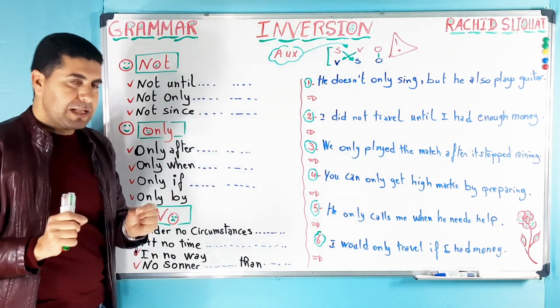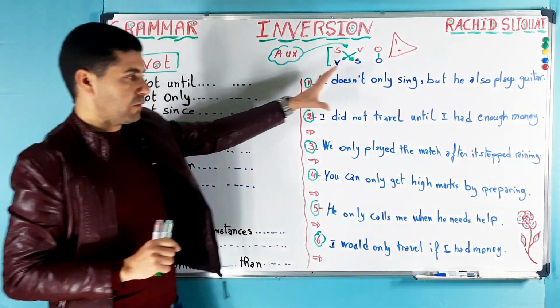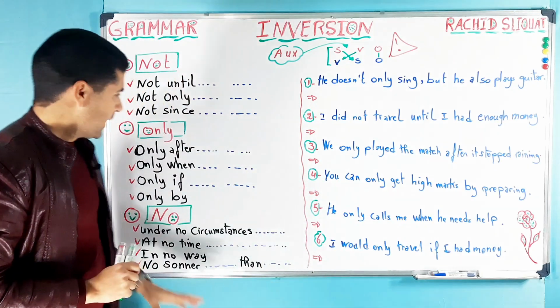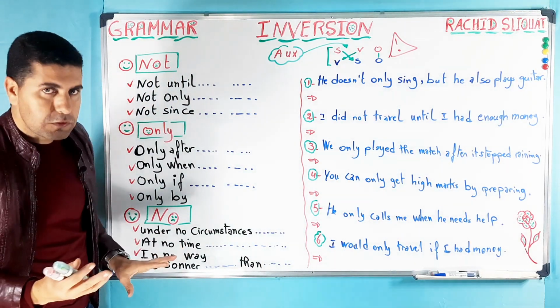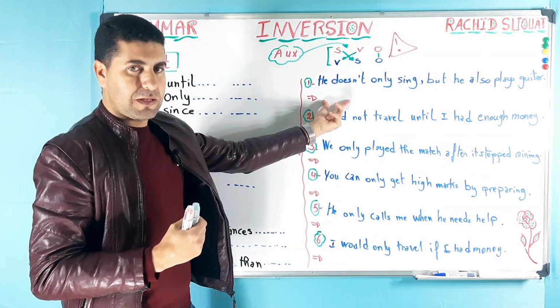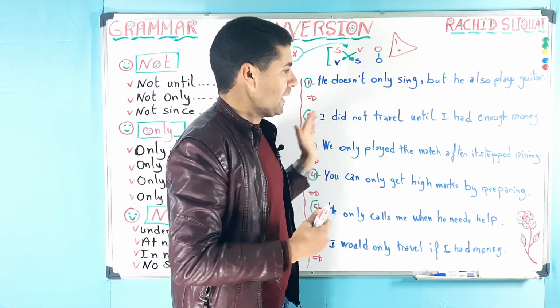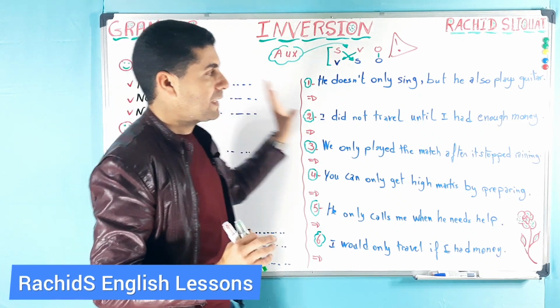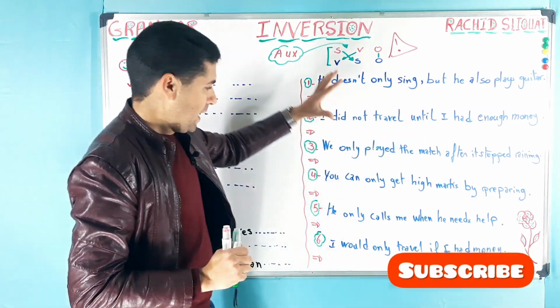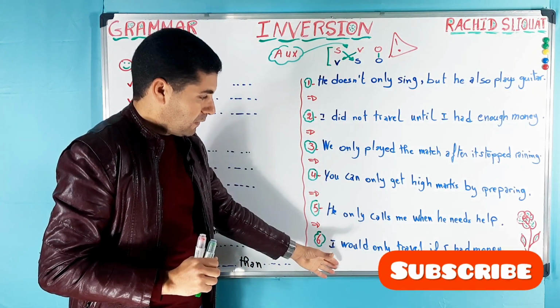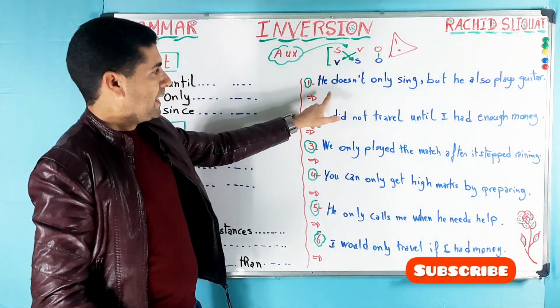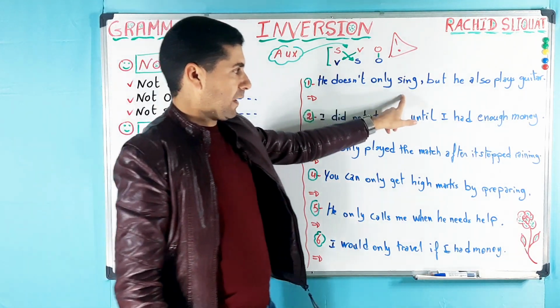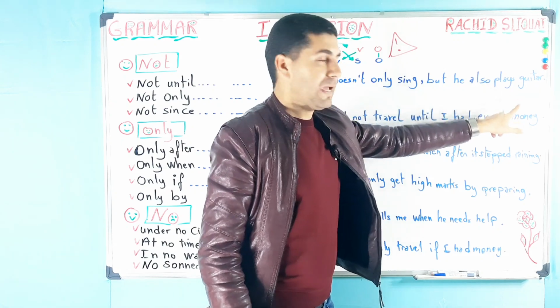Now, another thing to keep in mind is that these expressions are not always used in the beginning of the sentence, but they can also be used in the middle of the sentence, in normal sentences without inversion. For example, in number 1, he does not only sing, but he also plays guitar.